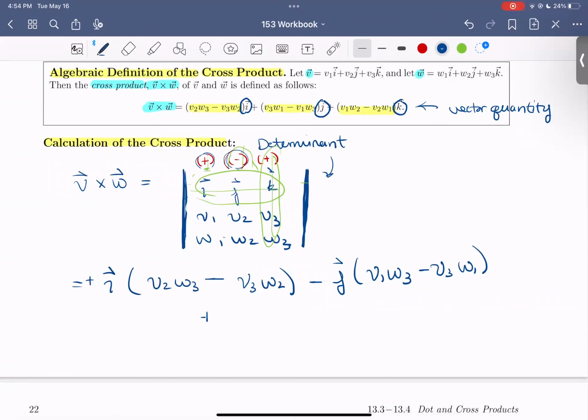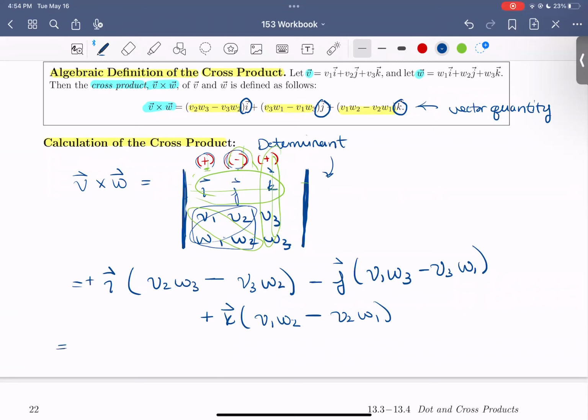So now I'm going to add k times, and I'm looking at this sub-matrix. I'm going to look at the diagonals, v1 w2, multiply those together, and then subtract the product of the other diagonals, v2 w1. All right, there is our determinant.